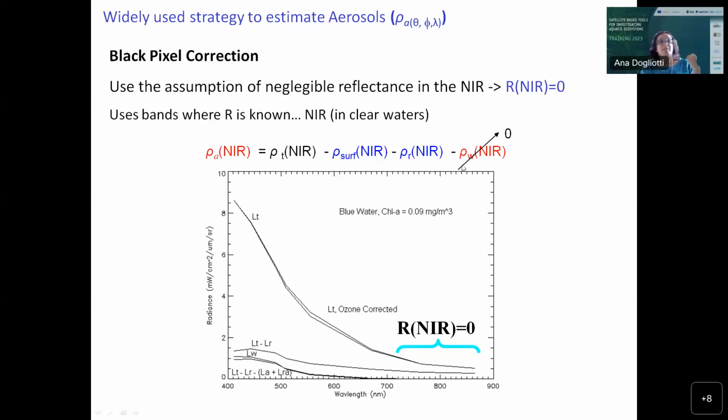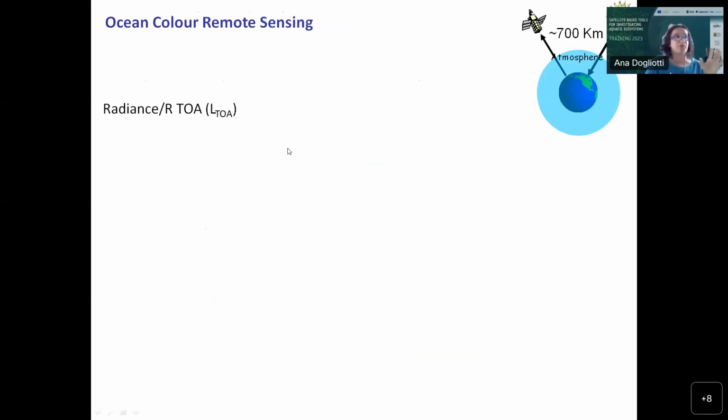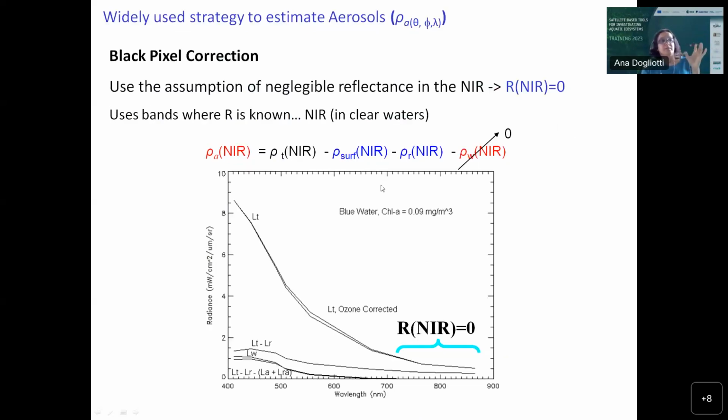So back to the previous equation, we can estimate the component of the aerosol from knowing what's coming from the water. So we have the total arriving to the sensor. This is from the surface that can be calculated. The Rayleigh that I also mentioned can also be calculated. And we assume that it's really clear water, let's say. So the reflectance from the water is 0 because of this characteristic of the water that it's highly absorbing in the near infrared.